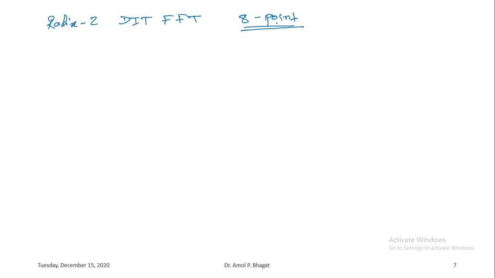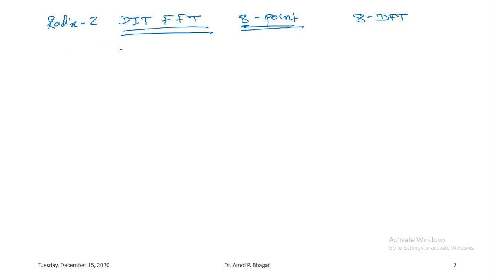Because when we look at examples, we'll go up to the 8-point DFT. Even 2-point or 4-point DFT can be computed using these structures, right? So here we are looking at how the 8-point DFT will be computed by using the DIT-FFT algorithm.